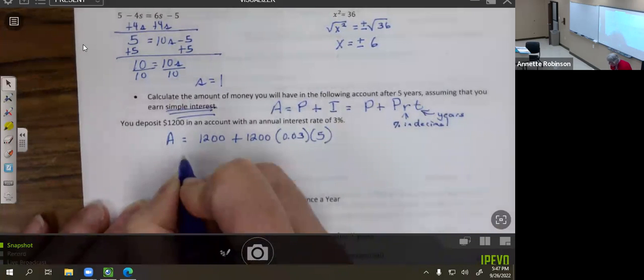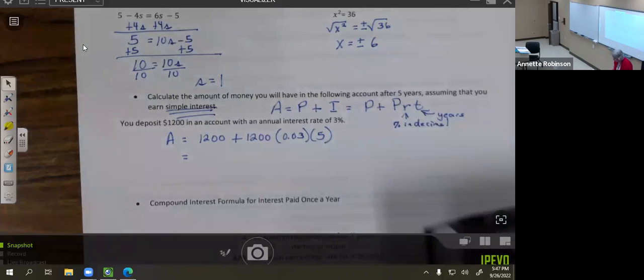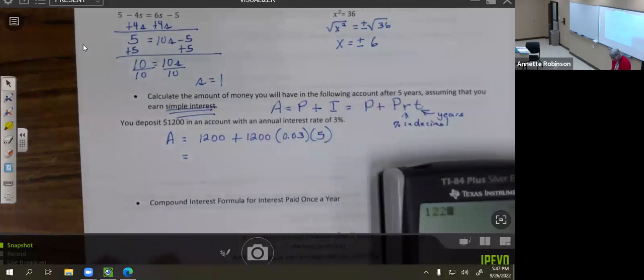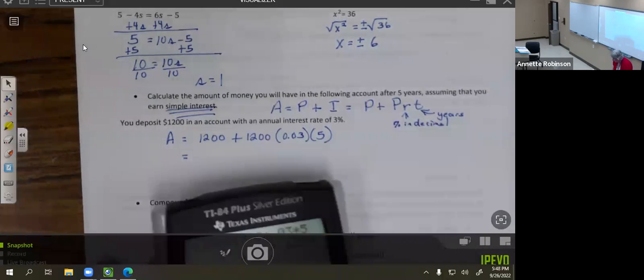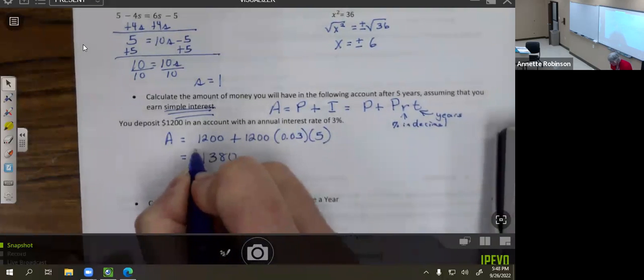Now, I can do that all on my calculator in one step because it's going to do the order of operations. So I can take 1,200 plus 1,200 times 0.03 times 5. And we're going to get that 1,380 is the amount in the account at the end of 5 years.